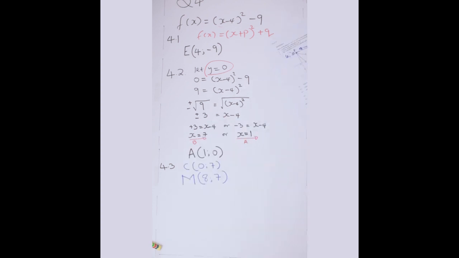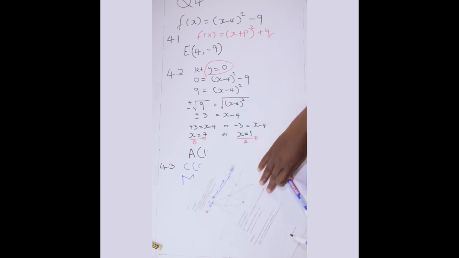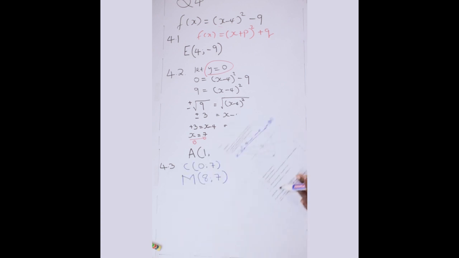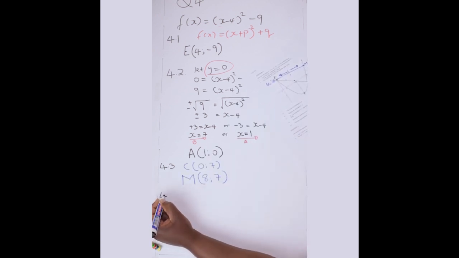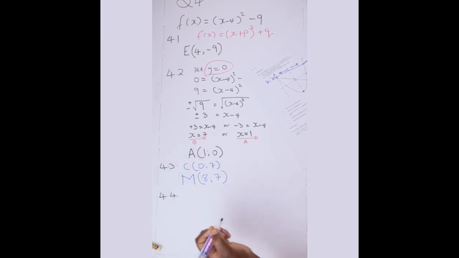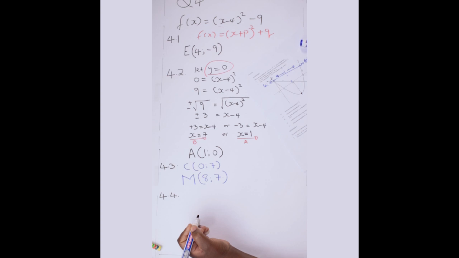Question number 4.4. The question says, determine the equation of G in the form y equals mx plus c. That's not that challenging because we already know that C is the y-intercept of G, and we already have that point so far.